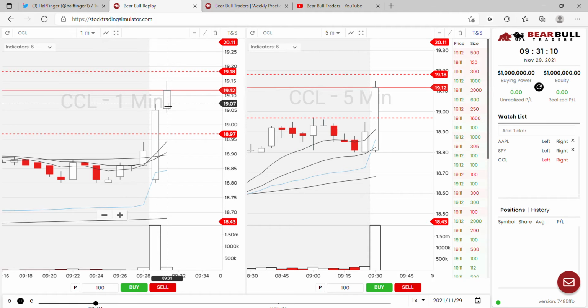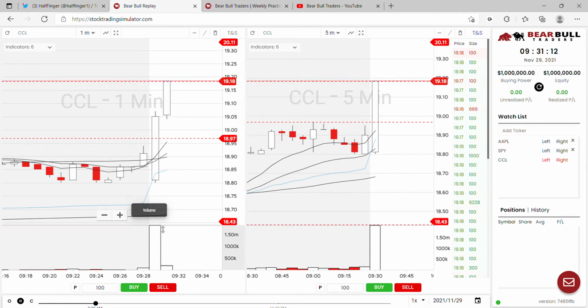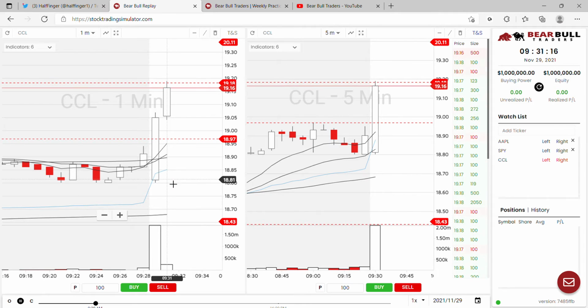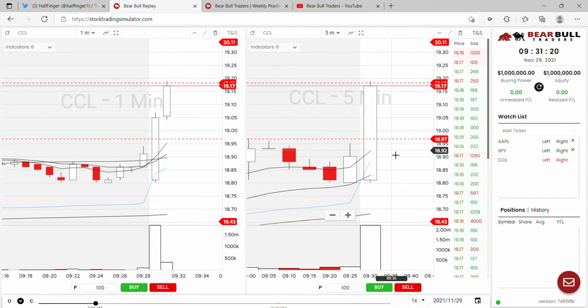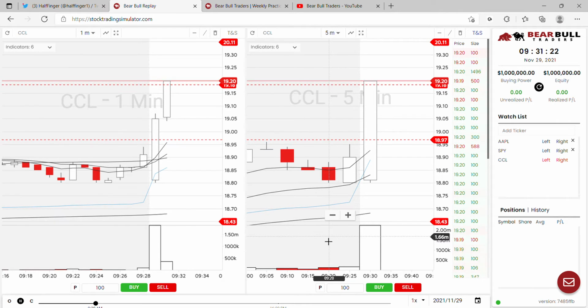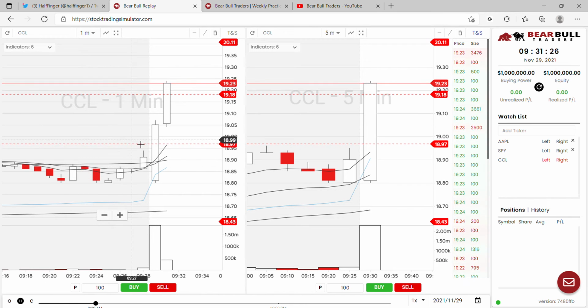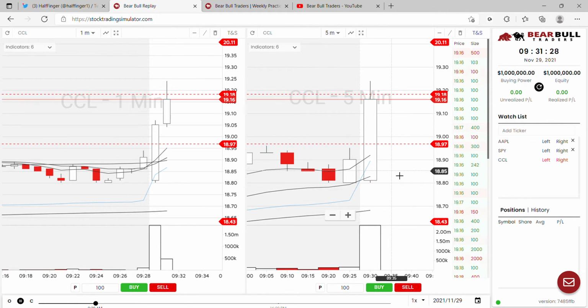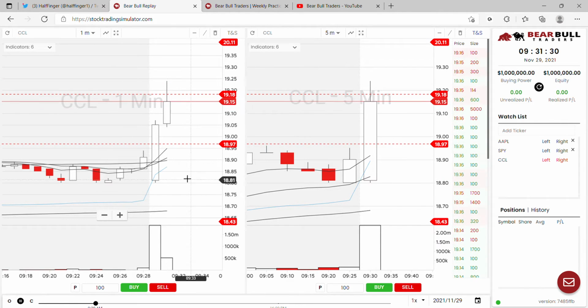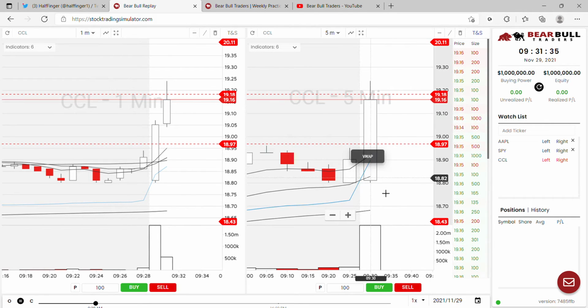This is a very, very strong opening. You can see I have almost 2 million shares traded. But it's too far away from me, so I'm not going to touch it now. I usually trade after the first minute candlestick closes, but if I don't find a good opportunity, I usually wait for the 5-minute candlestick to open.